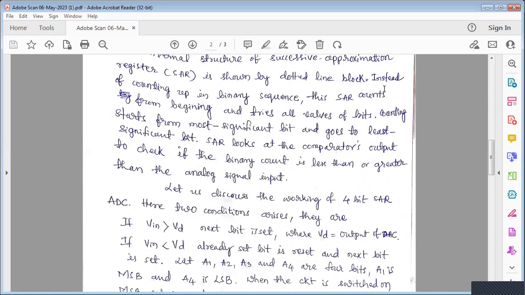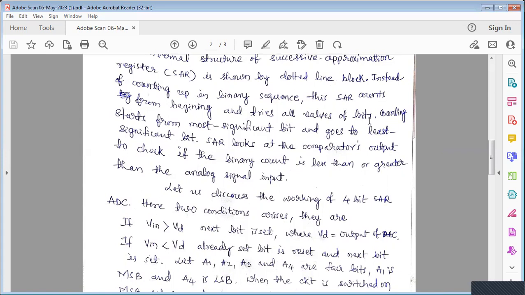And this ring counter, instead of counting up in binary sequence, this SAR counts from the beginning and tries all values of bits. Each time the clock comes into the SAR, it does not count in the forward way; it comes back and starts counting from the beginning.